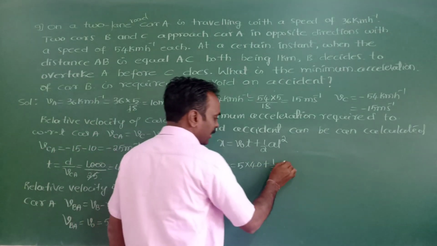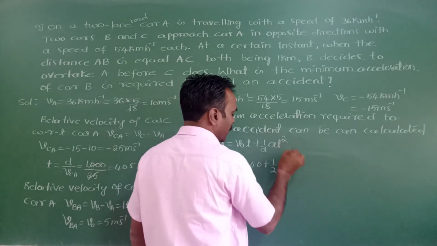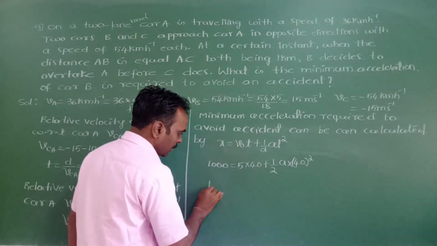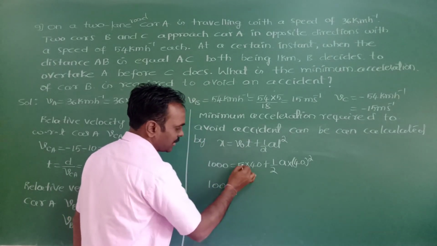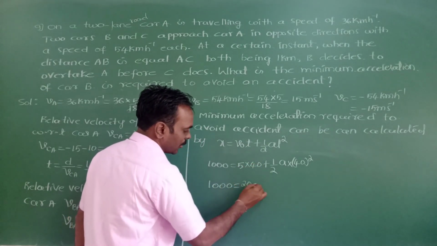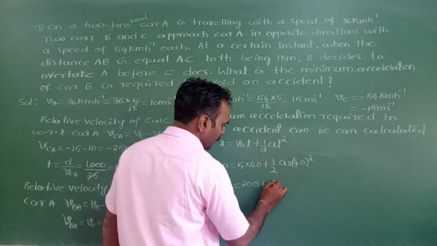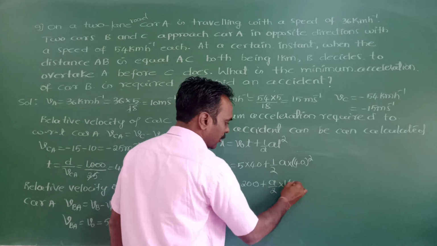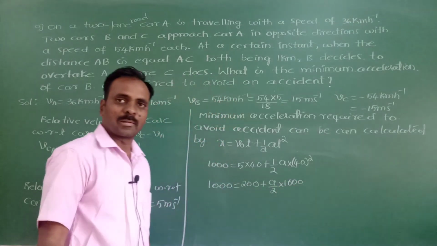So then the acceleration required: time t is 40, so t square. Then 1000 meter, I write as it is, 5 into 40 is equal to 200 plus a divided by 2 into 40 square, which is 1600.